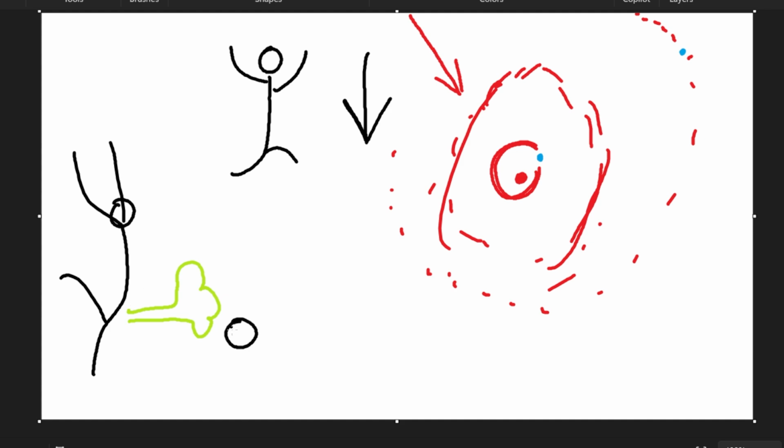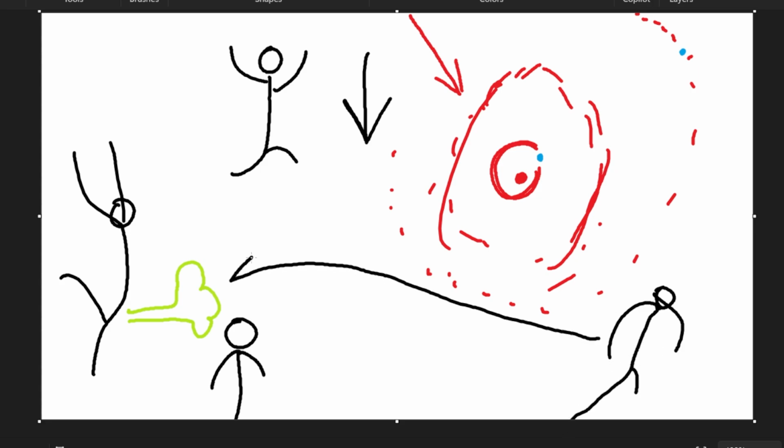The guy right here is going to think it's a murder attempt because of how strong it is, but the guy right here isn't really going to notice. He's just going to be chilling because he is very far from this, but this guy is incredibly close.